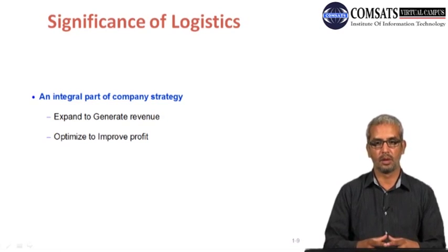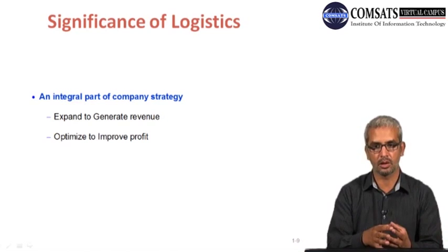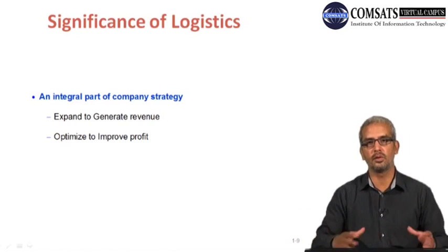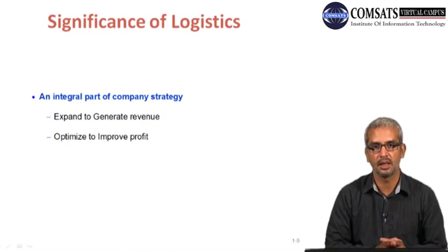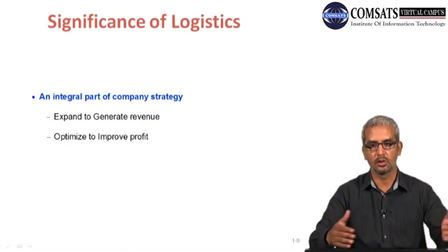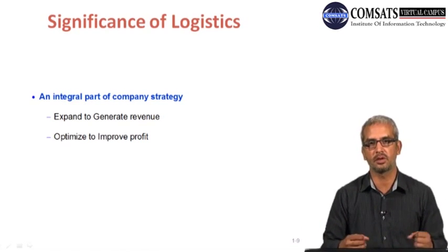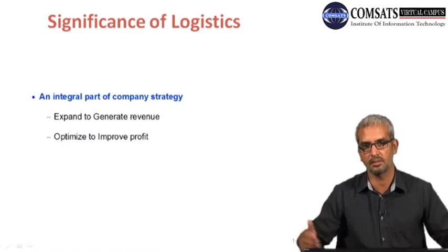Supplying a larger market demands more from the supply chain process, from logistics management. So the logistician or the supply chain process would have to be more effective and more efficient in order to supply a larger market.